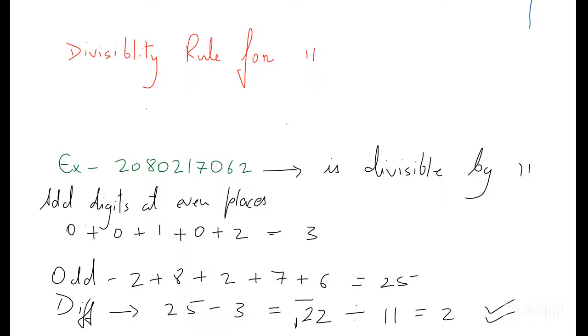There are cases that when you subtract, you get the answer as 0. In those cases, it is still divisible by 11. Okay, so either 0 or a multiple of 11, you are saying.